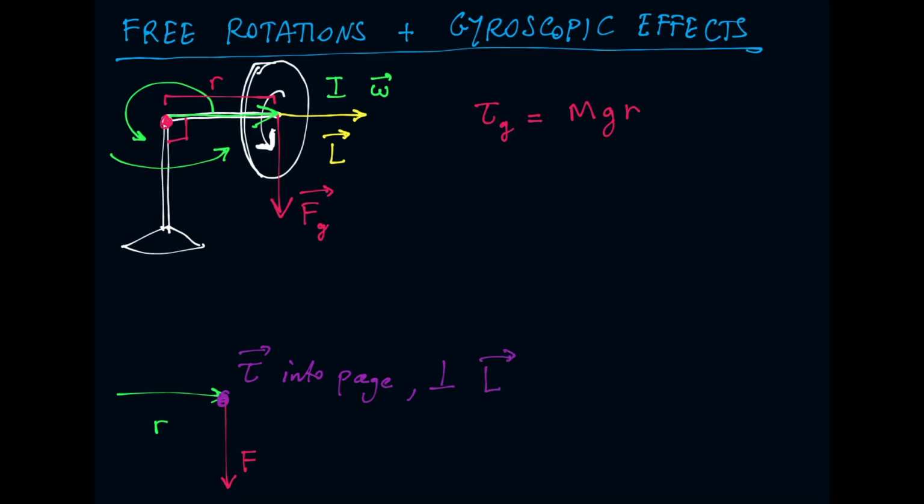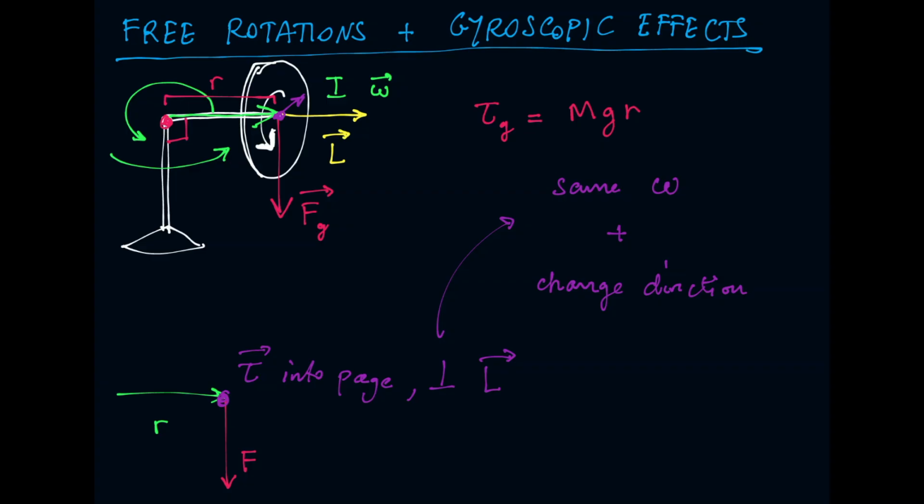Remember what happened when a torque is applied that is perpendicular to angular momentum? Then same rotation rate, so same angular velocity, and a change in direction. And in particular, a change in direction towards the applied torque, so something like this.